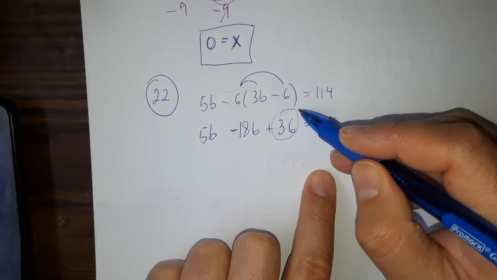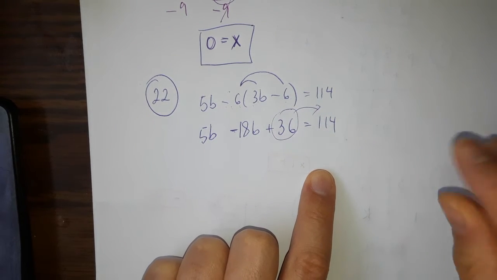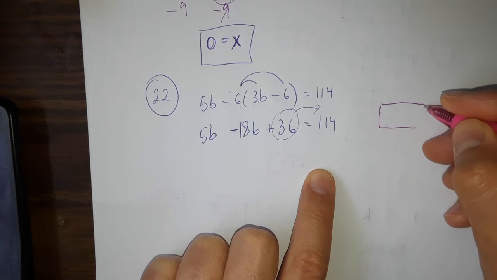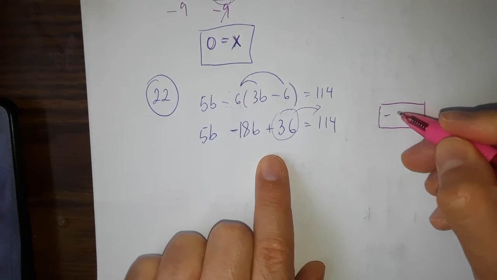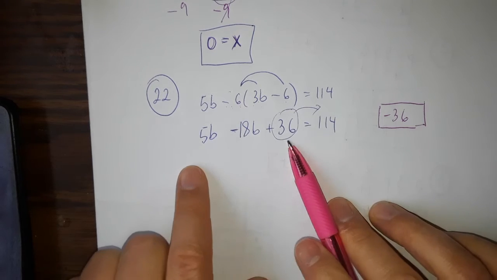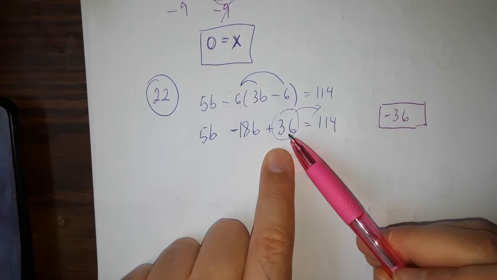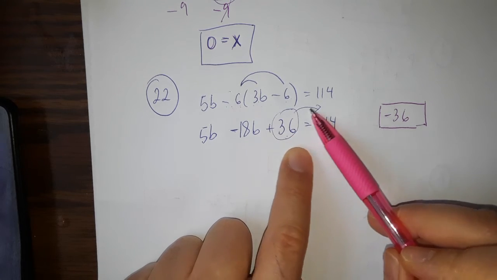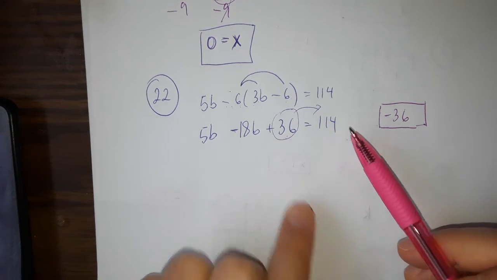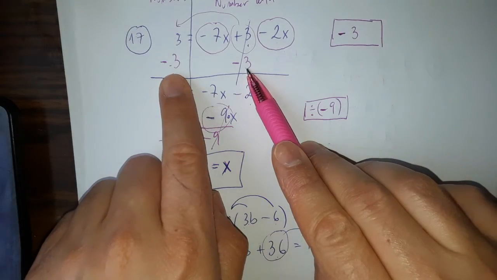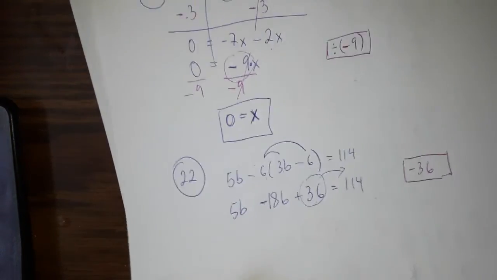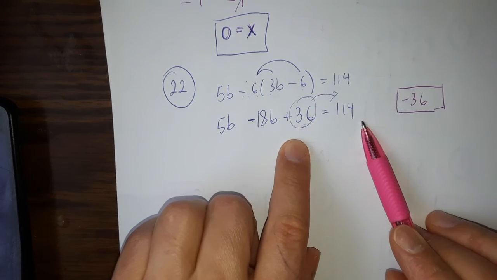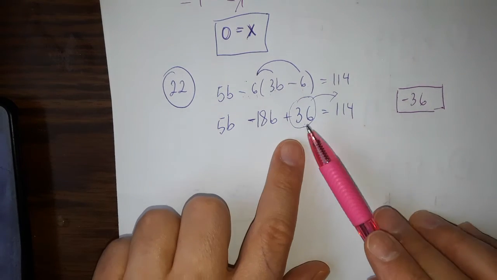So this 36, which is positive, will go negative to the other side. To do this in your head, the best way to think of it is this 36 is gonna go to the other side with the opposite operation, because now it's adding, it's gonna go subtracting.